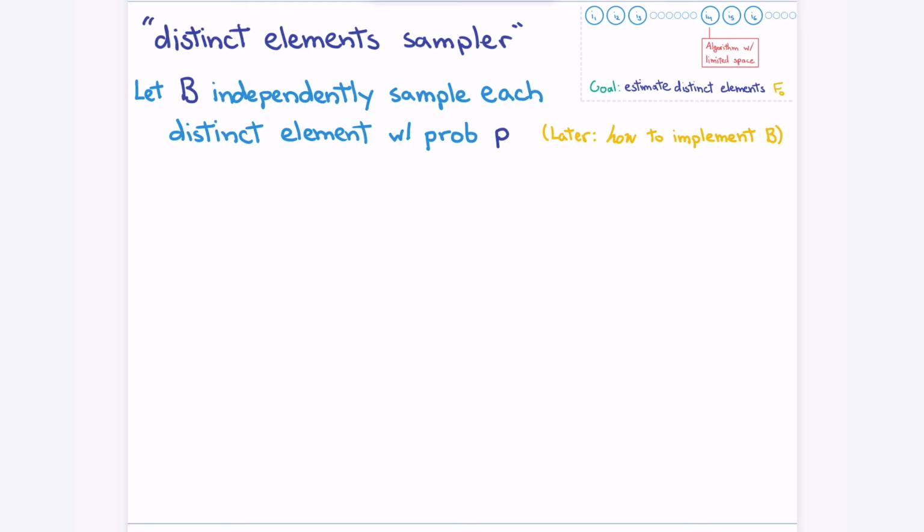Does that inspire any ideas? You can make p equal 1. You take all the elements, of course. But now you're also holding all of B on your computer, so B starts to get very big.